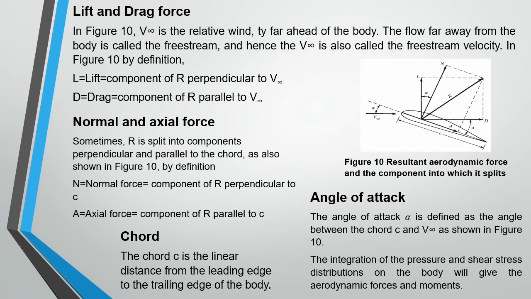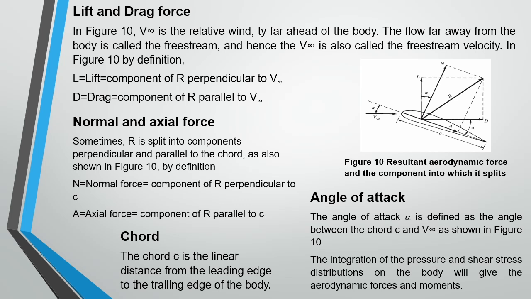As illustrated in figure 10, by definition, the lift force component of the aerodynamic resultant is perpendicular to the free stream velocity. However, the drag is the component of the resultant force parallel to the free stream velocity.